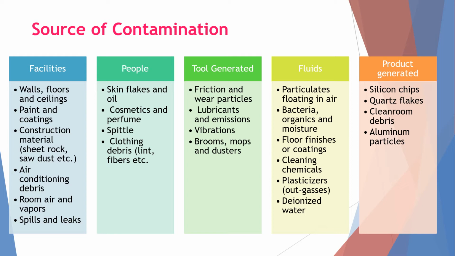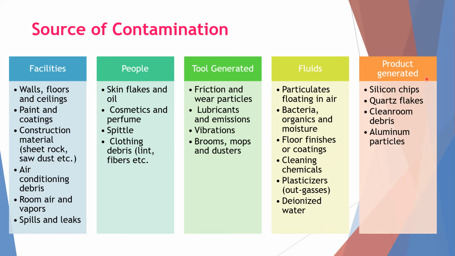Other than that, there is also fluid. For example, the air, like the humidity itself, because there is water in the air, or any gases in the air, or any floor finishing coating or chemical. These are considered under the fluid part.